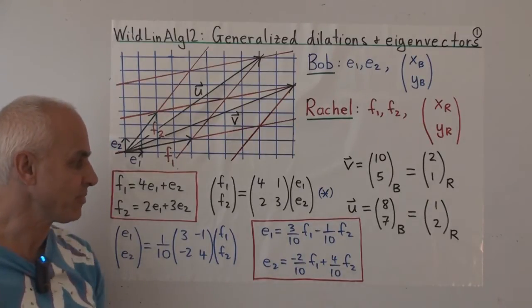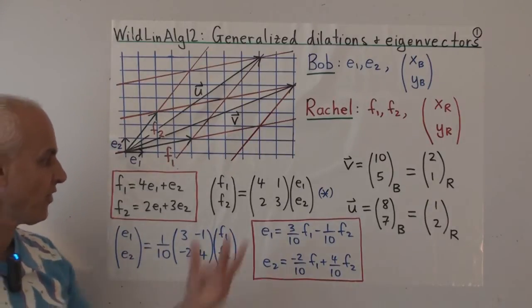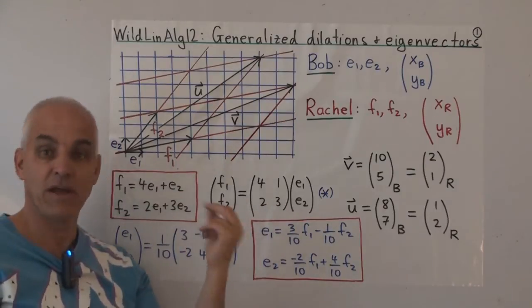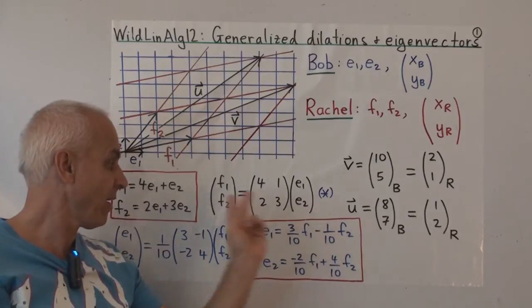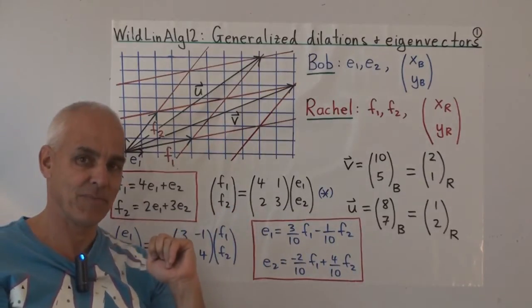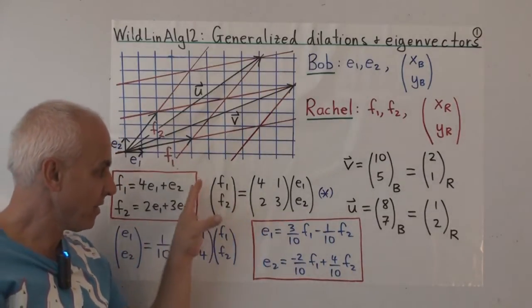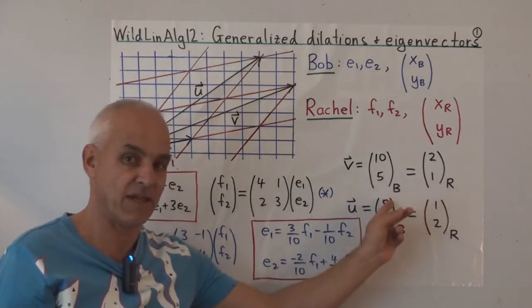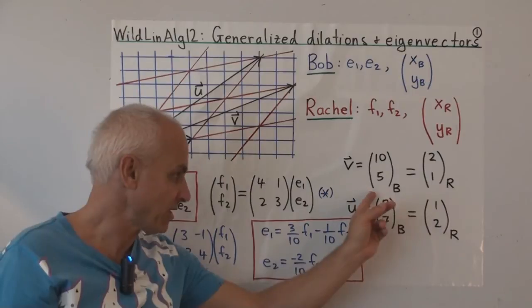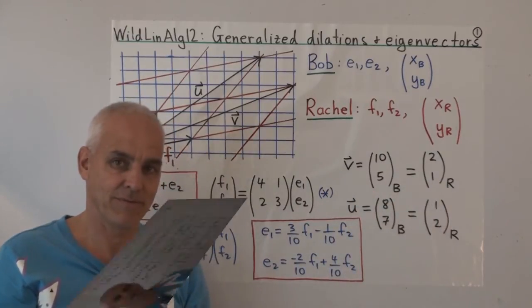And similarly for E2. So this is the relationship between the two sets of basis vectors. Bob's basis vectors, Rachel's basis vectors. Now let's see if we can use this to relate the coordinates of a given vector with respect to Bob and Rachel.